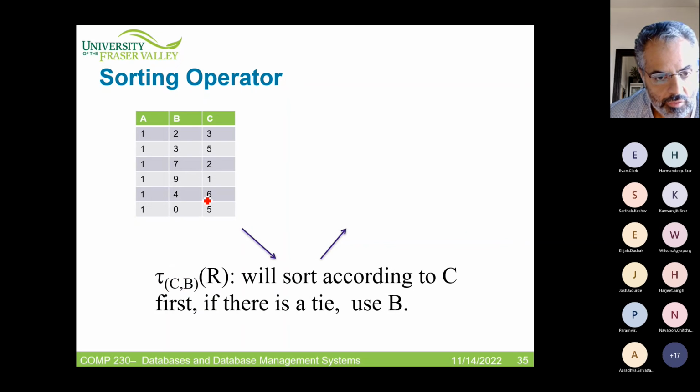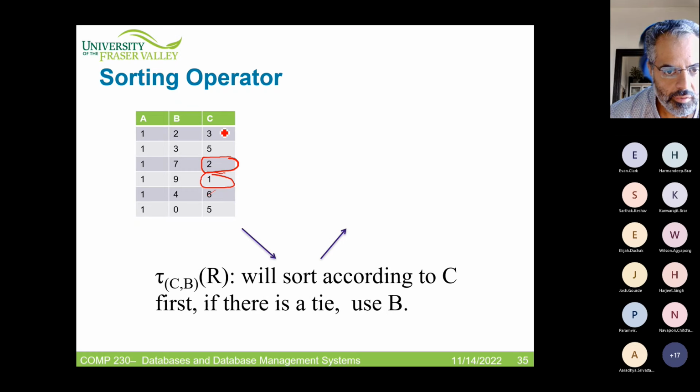Sorting based on C, and if I didn't say ascending or descending, then it is ascending by default. If I want descending, then I have to mention it. So here, sorting per C, the least value is 1. The second value is 2.